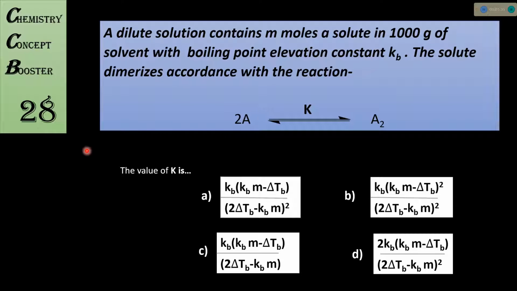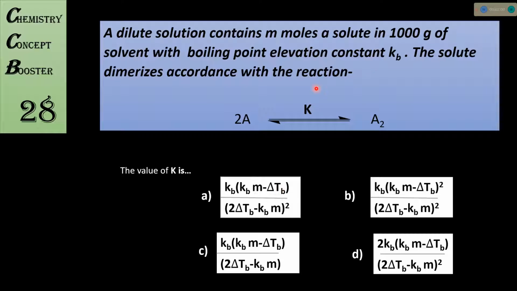So I think we all know that there are four colligative properties in the solutions chapter. One is relative lowering of vapor pressure, second elevation of boiling point, third depression of freezing point, and fourth is osmotic pressure. In this question, it is talking about elevation of boiling point. That's why you see ΔTb in the options.